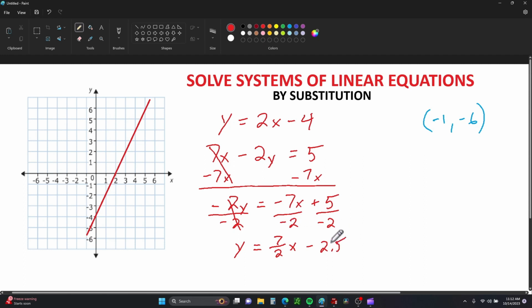Graphing this one's a little harder, so now I have my y-intercept is minus 2.5. Do this in a different color. Minus 2.5, which is right here. And then it says I go up 7 over 2.